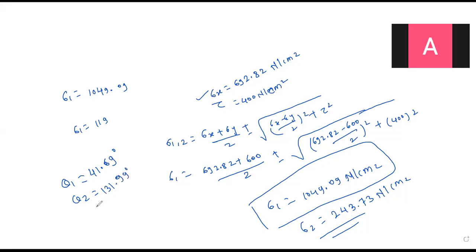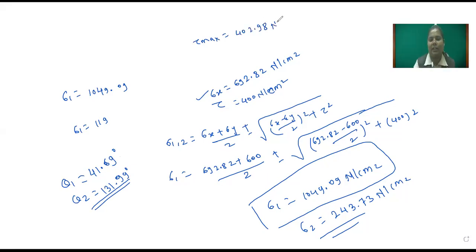Yes, this is correct. Then next, tell me the maximum shear stress value, tau max. Tau max is 402.98 Newton per centimeter square.